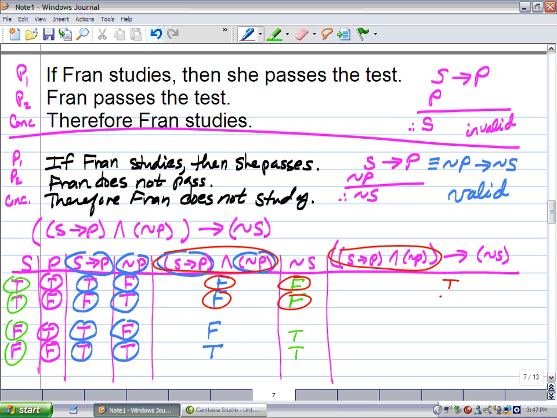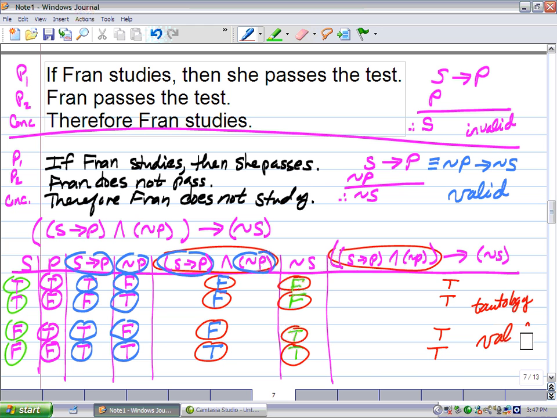False implies false is true. False implies true is true. True implies true is true. Remember, the only one that is false is true implies false. And there isn't one there. This is a tautology because they're all true and is a valid argument.